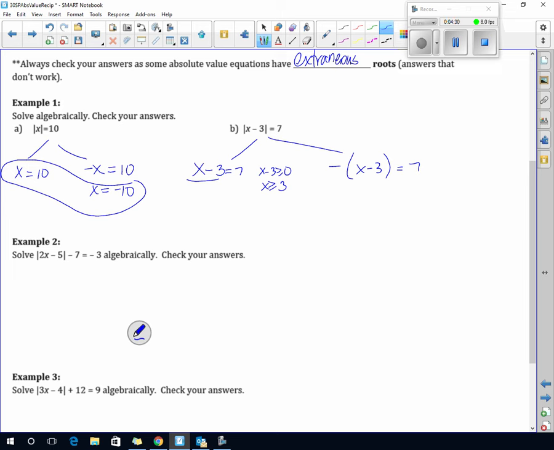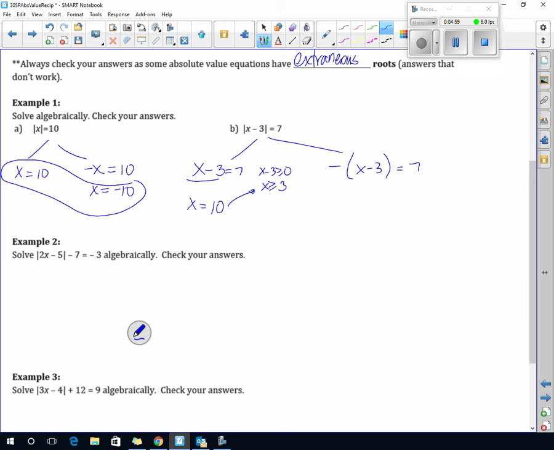We get x is equal to 10. Look at my inequality. Is that okay? Yeah. X is 10. It's greater than 3. It works. Yes? Okay. So now here, this one is when x minus 3 is less than 0.